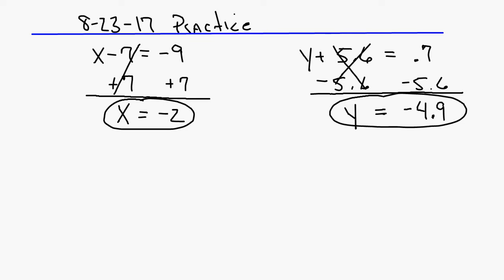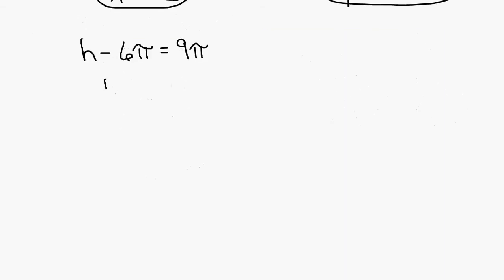All right, let's try h minus 6 pi equals 9 pi. The given operation is subtraction. The inverse of subtraction is addition, so we're going to add 6 pi to each side.